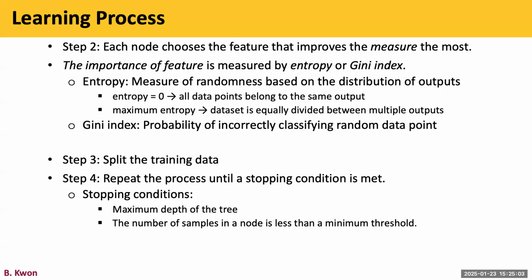So the minimum threshold for the output data in each leaf node can be a stopping condition if you have a finite, predefined number of input data. So that was how you define a single decision tree and how you train each model.